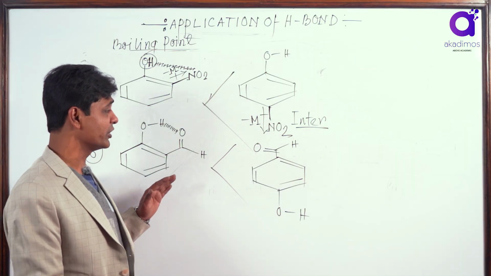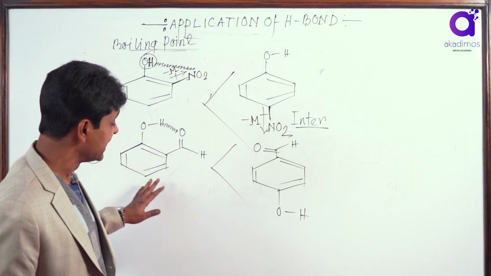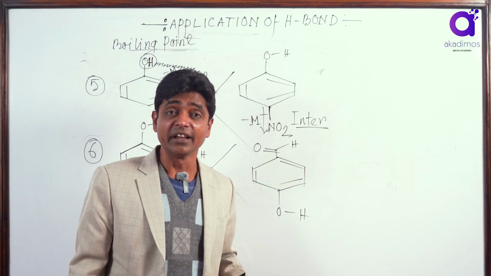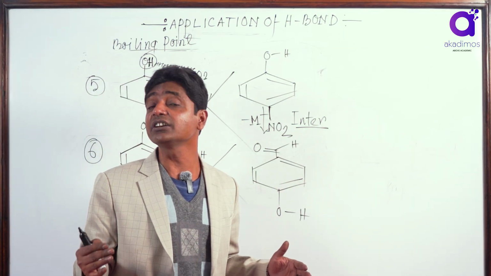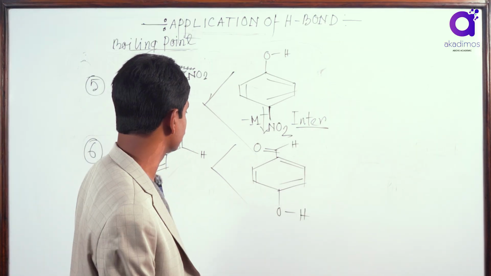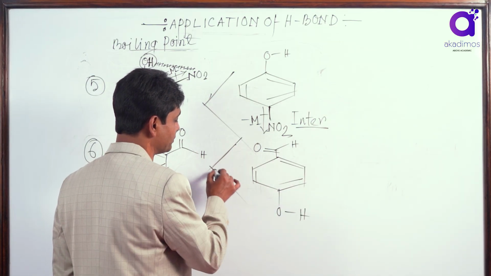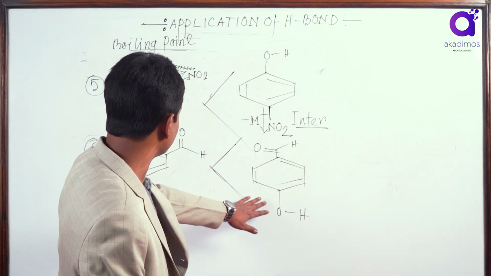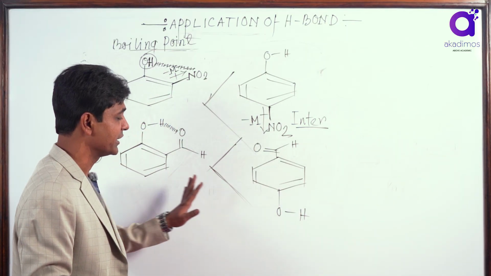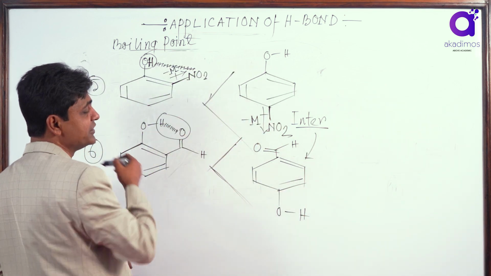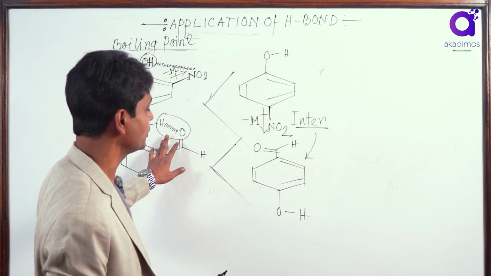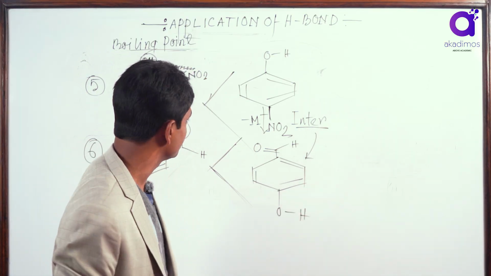In an organic reaction, when these two products form parallelly, since their boiling points are different, you can easily separate them by steam distillation or fractional distillation method. You can apply fractional distillation if their boiling points are different. Here boiling points are different due to hydrogen bond. Here you got intramolecular hydrogen bond. Here intermolecular hydrogen bond.